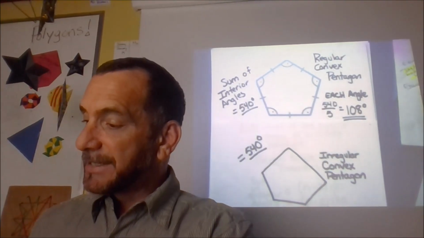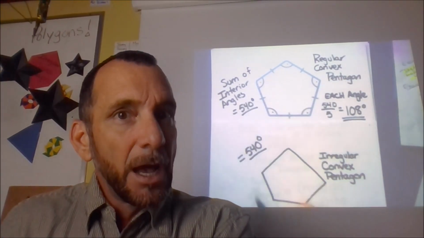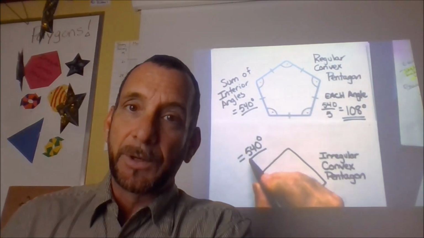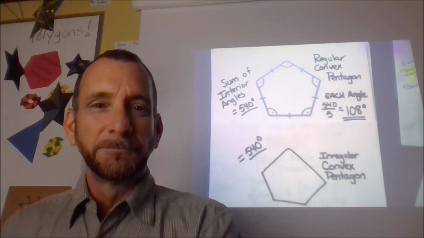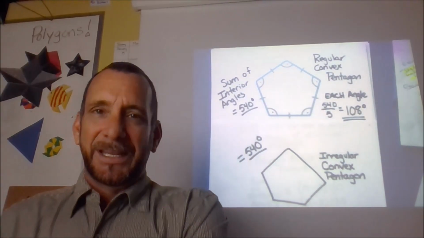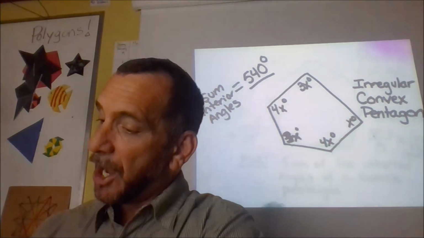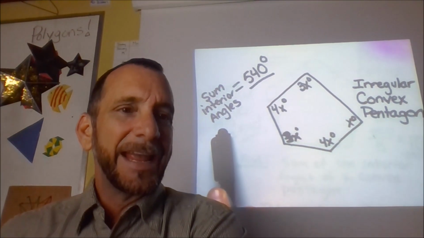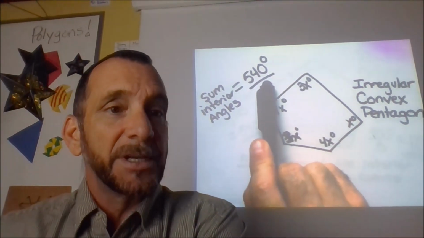Now let's come on down here. If each angle is different and the sum of the angles is 540, we know that won't change. Can we find each angle just by what we're given here? We cannot. So we know that the sum of the interior angles of any convex pentagon is 540 degrees.